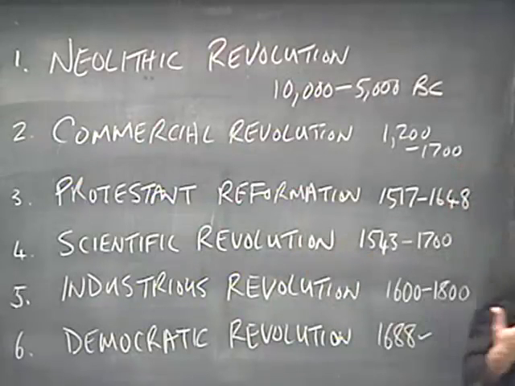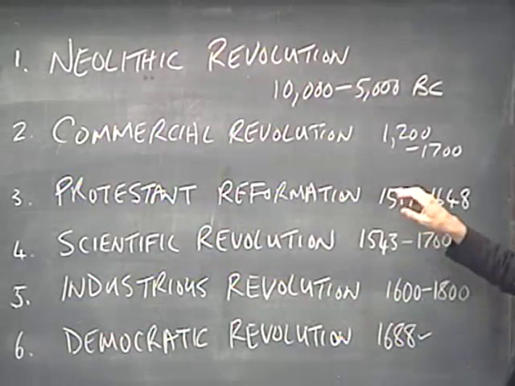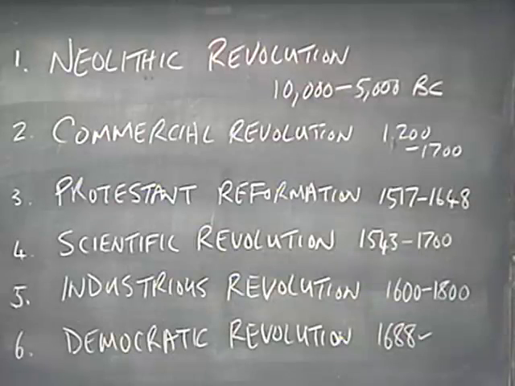A second revolution that a number of historians have discovered is what's called the Commercial Revolution, which occurred between 1200 and 1700 in Europe. And this was the rise of markets, the rise of long-distance trade, the development of commercial forms, the development of a lot of the institutions that now dominate modern commercial economies.